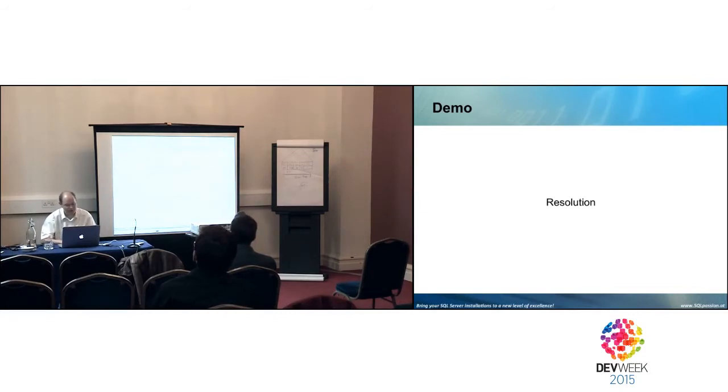Second option, we can enforce our primary key constraint with a unique non-clustered index. I create here a database, and the easiest thing that you can do on earth when you work with a unique identifier, you create a primary key and enforce the primary key constraint with a non-clustered index, with a unique non-clustered index.